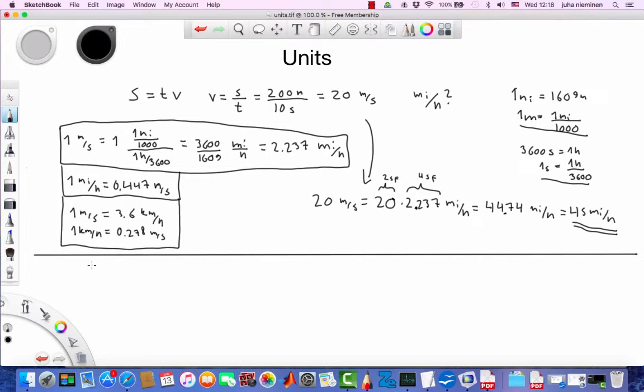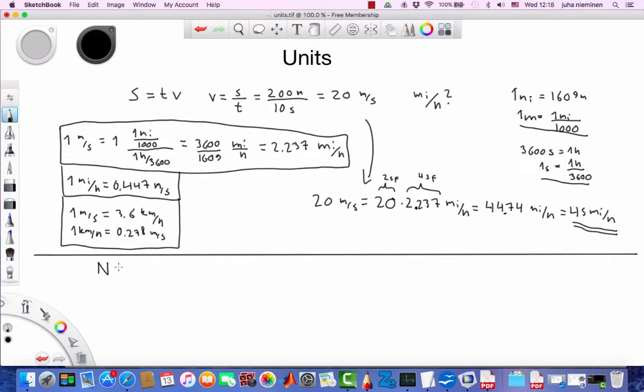That was a little sidestep, although an important one, from the units. So let's continue with the units themselves. In mechanics, there are a couple of units that pop up all the time, and conversions that relate them to each other. So first of all, let's start from Newton.